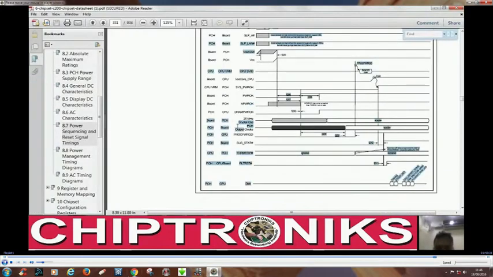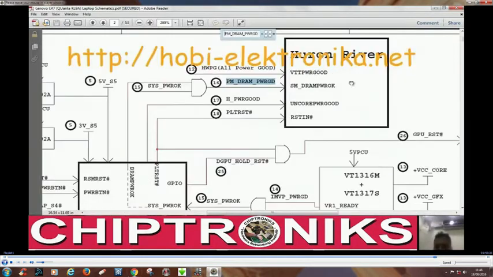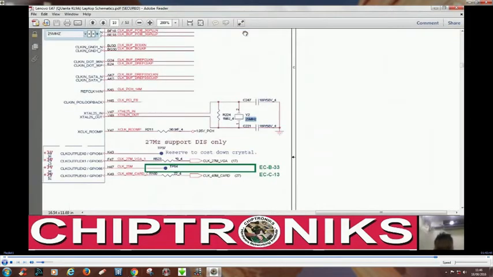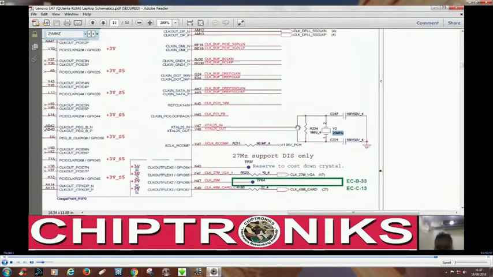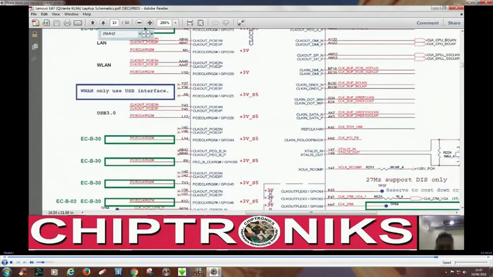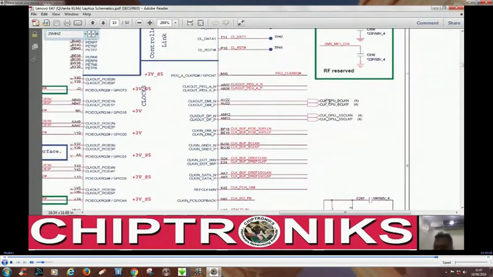So the board will generate clock. Let's see in the Intel Series 6 chipset how clock is generated. Let's see first the 25 megahertz. You can see the PCH is connected with the 25 megahertz, and the PCH is generating all the clocks to the motherboard, also generating the clock for the CPU, that is BCLKM, BCLKP.